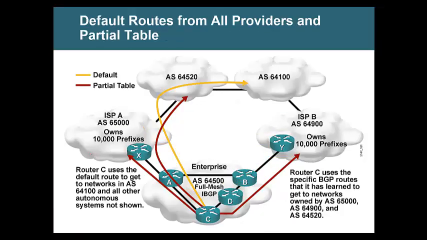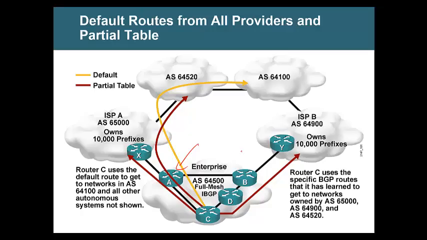The second option is that the routing table will have some important routes from the ISP. For example, they give you only 10,000 routes. But there are millions of routes in the internet. For those, we have a default route. So having both a default route and partial routes from the ISP is another option. What is the advantage?